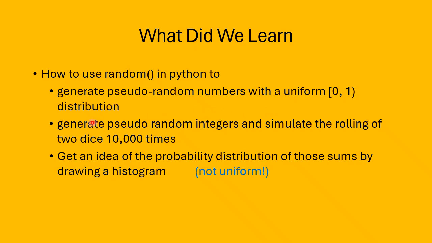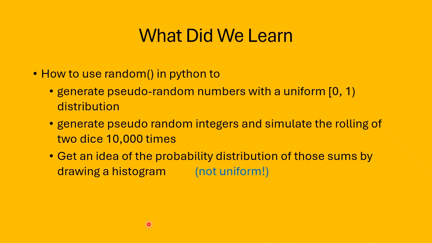Then we used that to generate pseudo-random integers, and once we saw how to do that, we simulated the rolling of two dice 10,000 times. Once we rolled those dice, computer rolls, I guess you could say, and we calculated the sum, we then got an idea of the probability distribution of those sums by drawing a histogram. And what we saw was when you start at 2, the probability was pretty low.